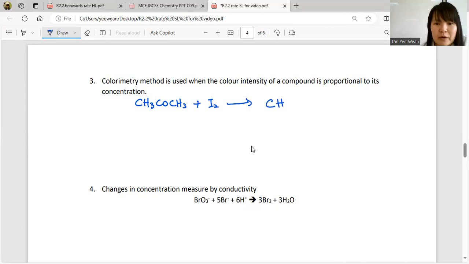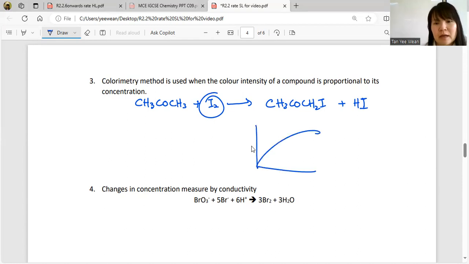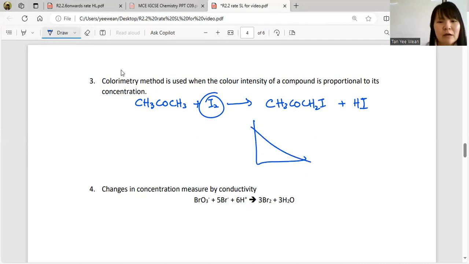And then there's the product, also colorless. And HI, there's no color. So in this case, I can only measure the I2. I can't measure the product because there's no color. Okay, so it's only suitable for anything that has color. So I can only get a graph that goes down because only iodine has color.